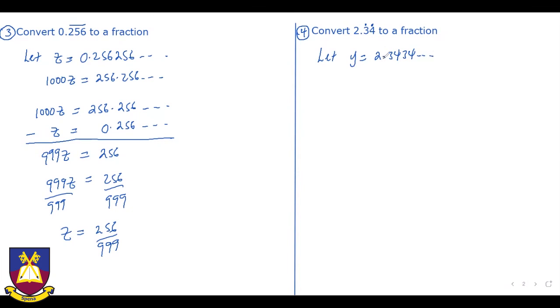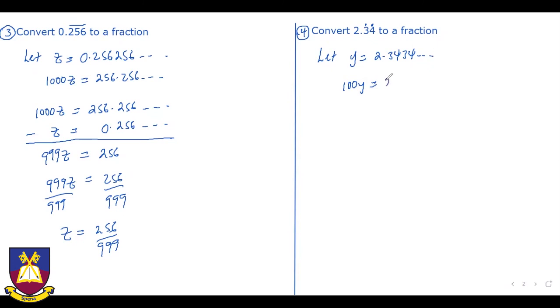We need to multiply with a number that brings this decimal point just after the first set of recurring numbers, which is 1, 2, so we multiply by 100.